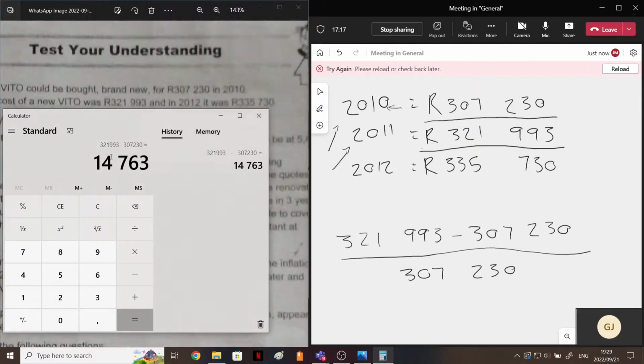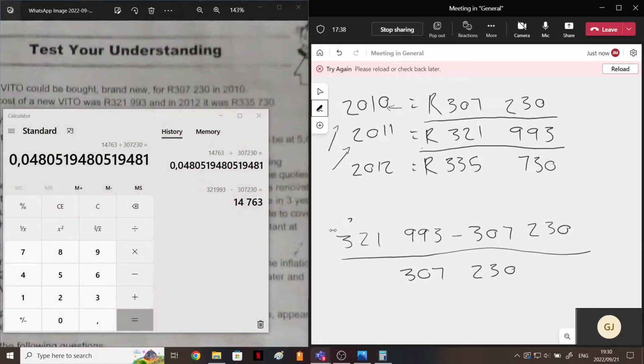14,763. We're going to take that amount now and divide that by the old year's price, the first year, which is 307,230, and you'll see that it comes up to 0.048.